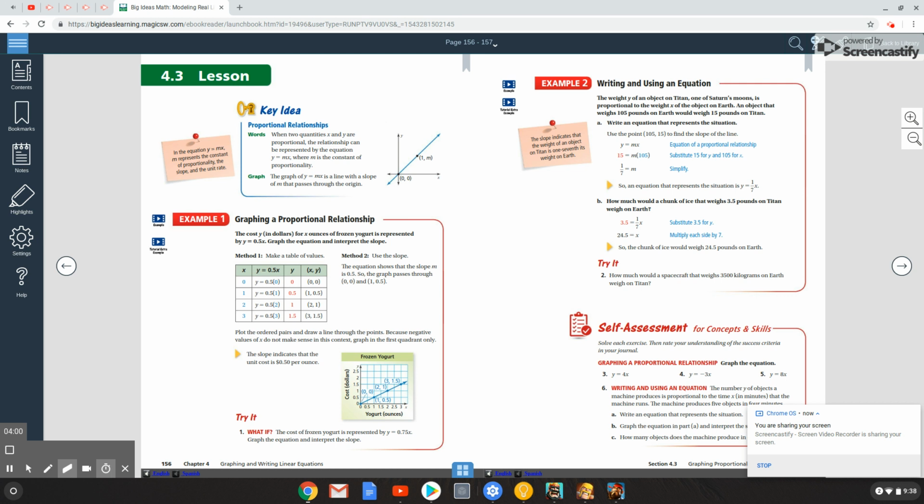So our equation will be y equals 1/7 x. So how much would a chunk of ice weigh? That's 3.5. We plug that in for y, since Titan is y, and then we just solve the equation to get 24.5. So pretty easy. Now, how much would a spacecraft that weighs 3,500 kilograms on Earth weigh on Titan?